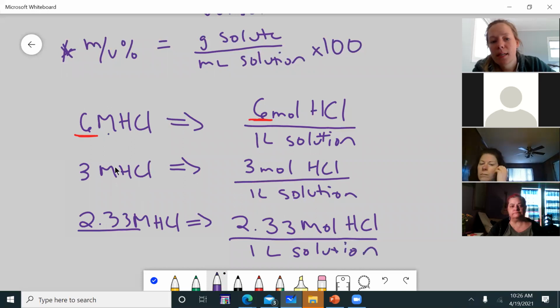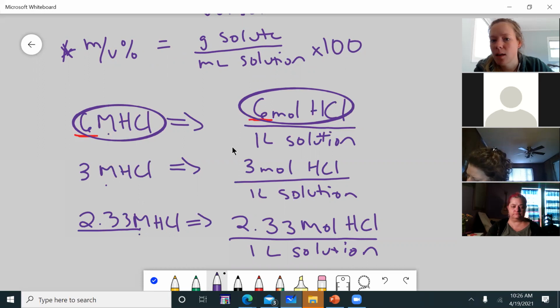So molarity is not the same thing as moles, but it's related to moles. As the number of moles goes up, your molarity will go up as well, as long as the number of moles is going up over a given volume, a given amount of solution.